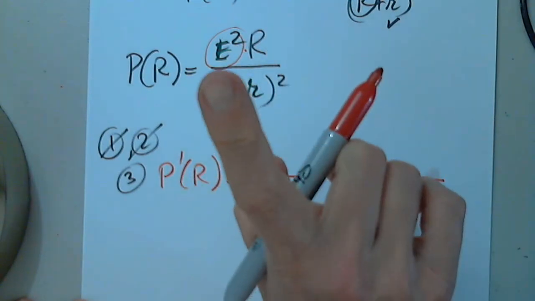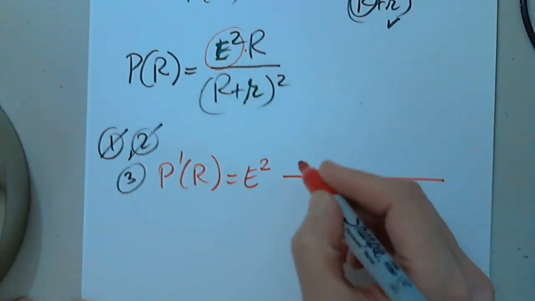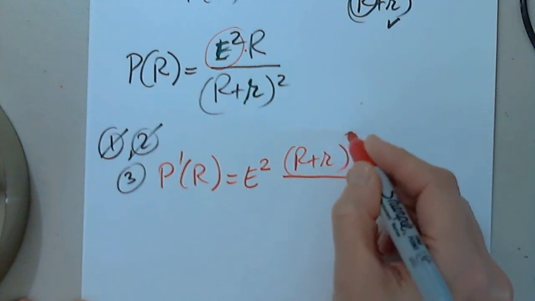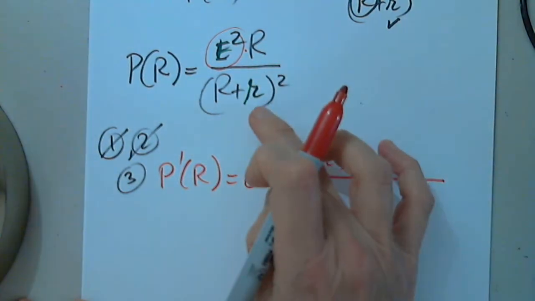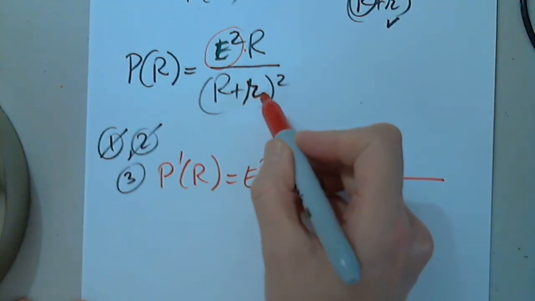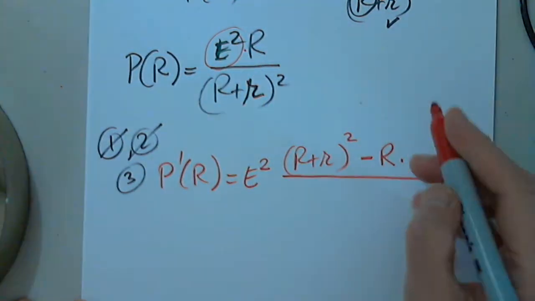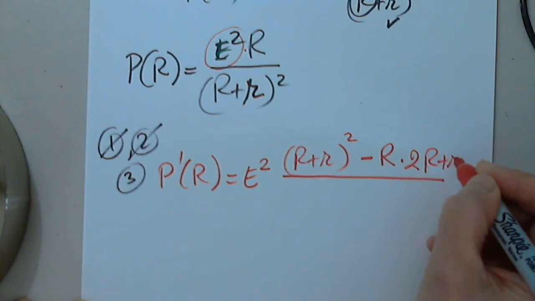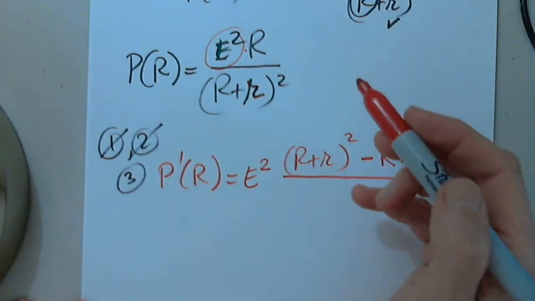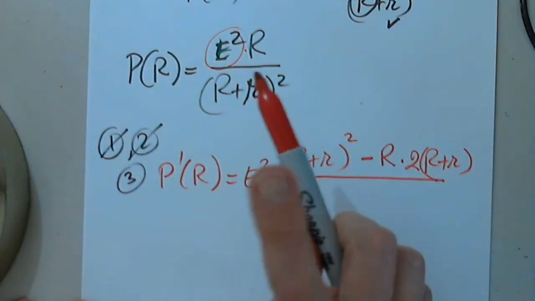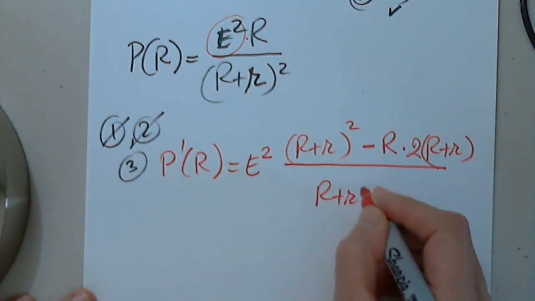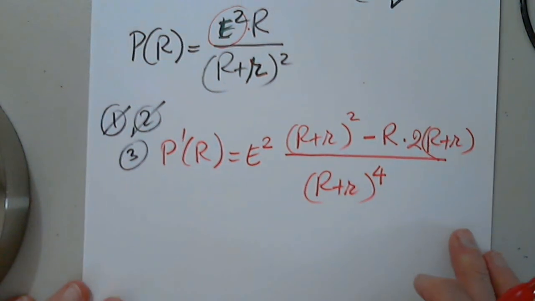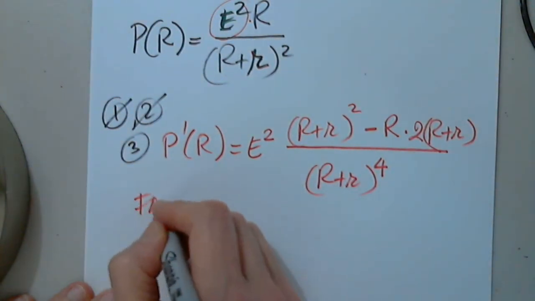Top function prime is 1 times the denominator minus the top times the denominator prime, where this is fixed, is a number, 2 times R plus r to 2 minus 1 times the inner function prime, which is 1, and this is 0. Everything divided by R plus r to the 4th, of course. Remember, factor and simplify.